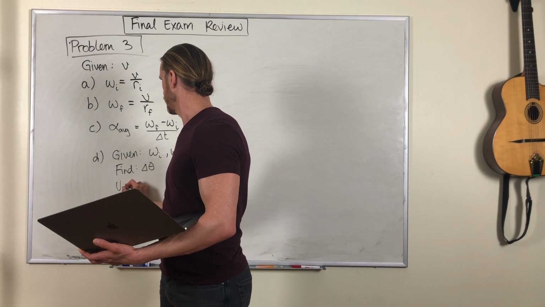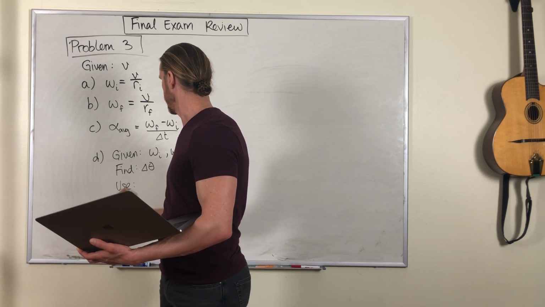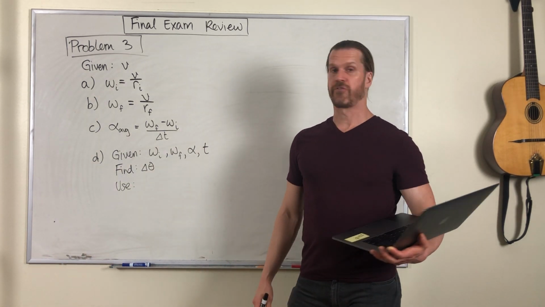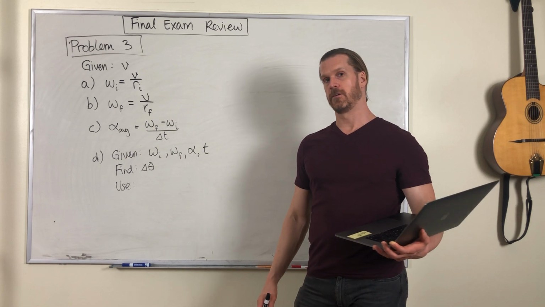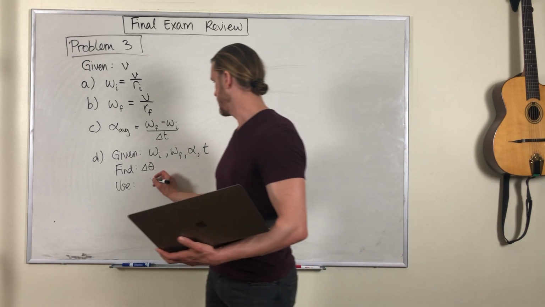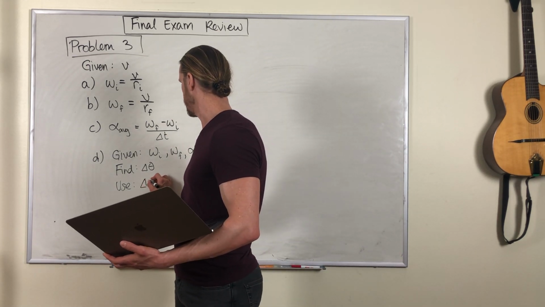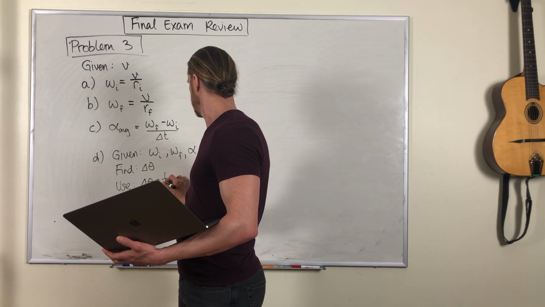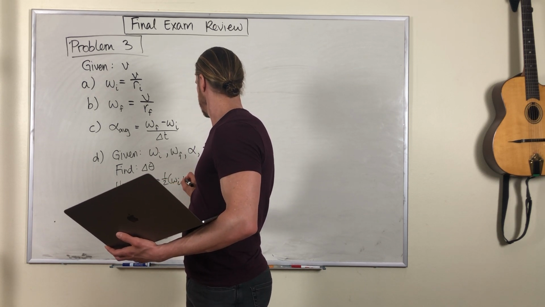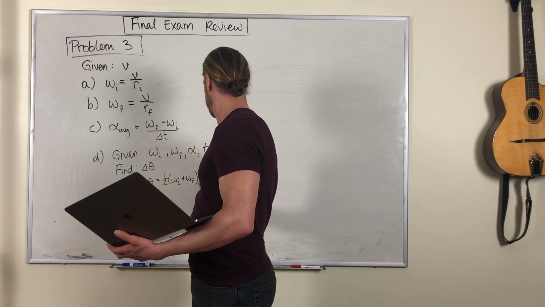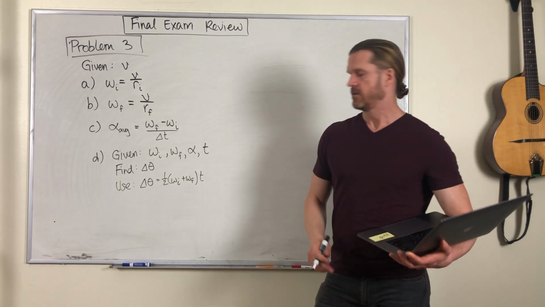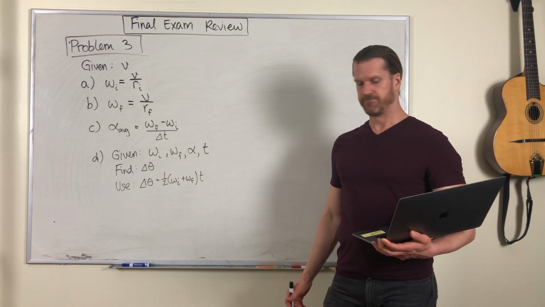And so you consult your list of kinematic equations. There's several of them that you could use. I think I'll pick kinematic equation number 2. So that'll do the job pretty easily.